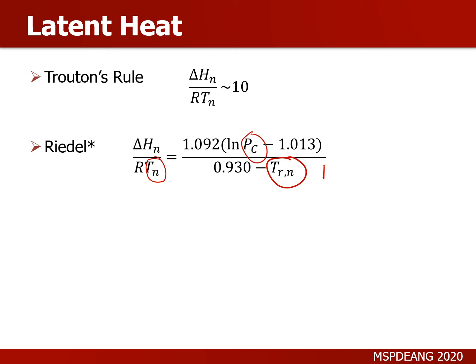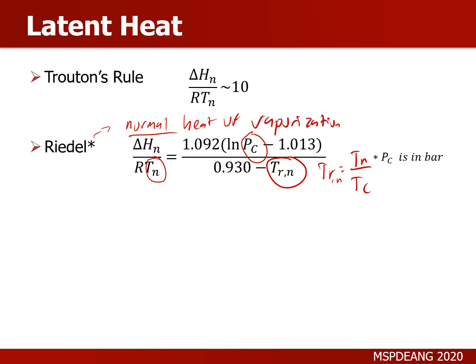So usually TR is given by T over TC, but TRN, so the normal boiling point siya. So TN over TC. Okay. And here, PC should be in bar since Riedel developed this equation to use for naka-bar yung PC. Okay, so ginagamit again si Riedel to get normal heat of vaporization.